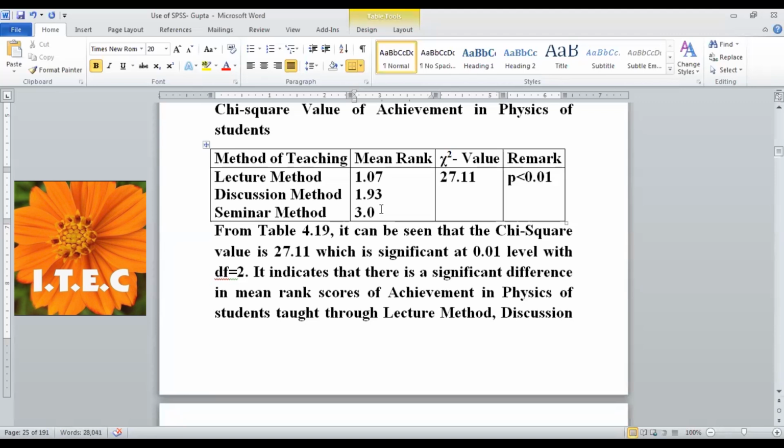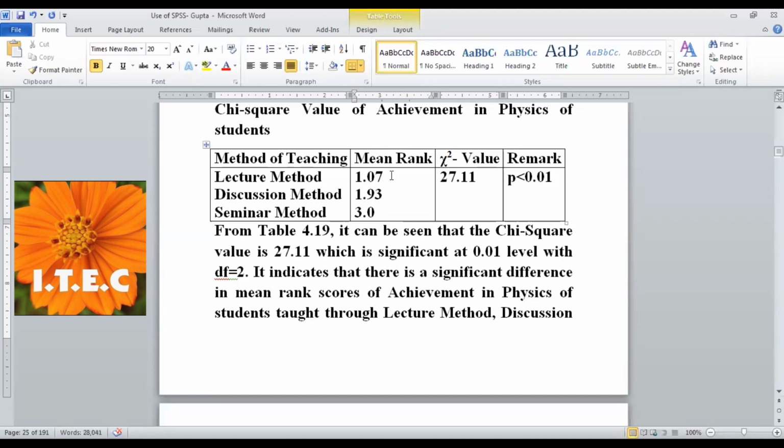And that means the students taught through these methods in this particular sequence, in the last treatment, are found to benefit more in comparison to the earlier two treatments.